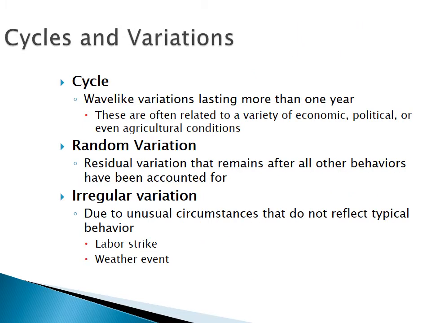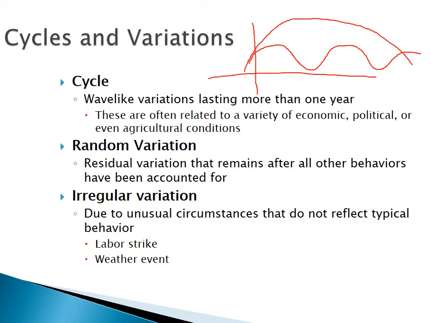Cycles and variations. Now we have talked about seasonality, which is for a month or a few months. Cycles are for bigger duration. So if seasonality is for a few months, cycles are for a year or a few years, like the economy of the United States, the way it varies in cycles.